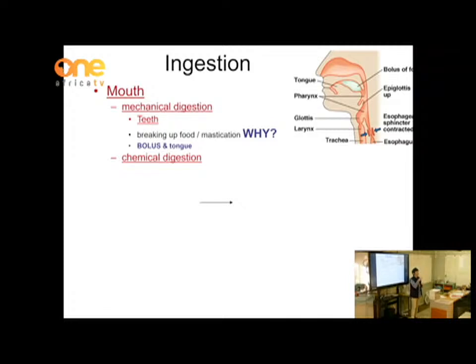But that mixing with the saliva also helps to mix it with amylase. That ball of food that forms when the tongue and the teeth are working with the food is called a bolus. And when I swallow, the tongue will push the bolus down into the pharynx.